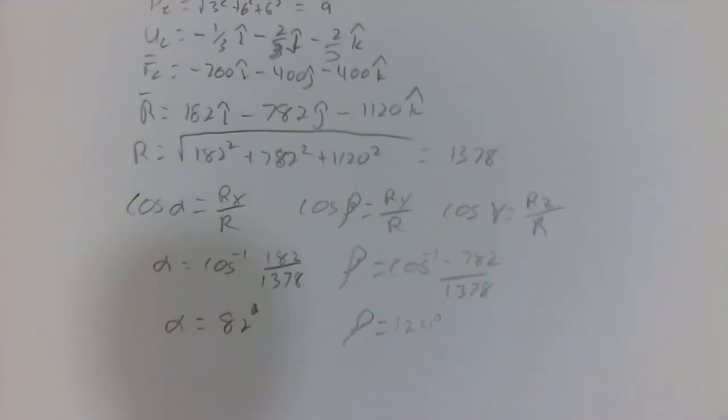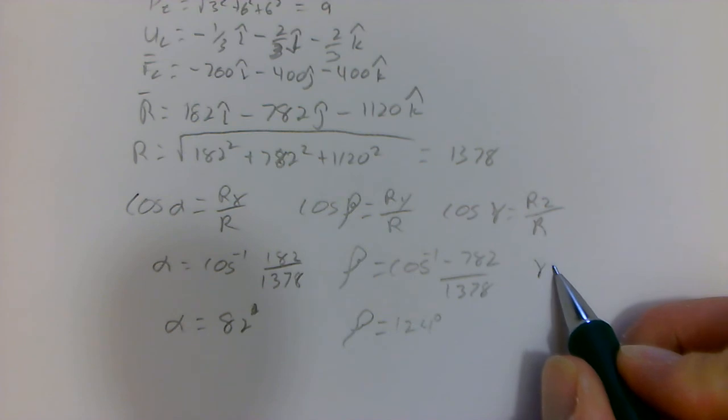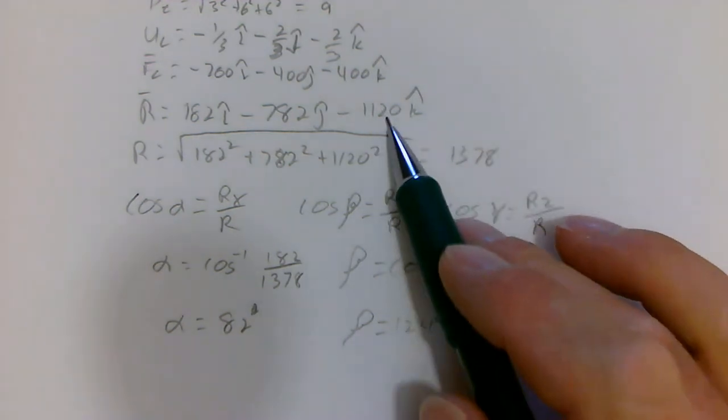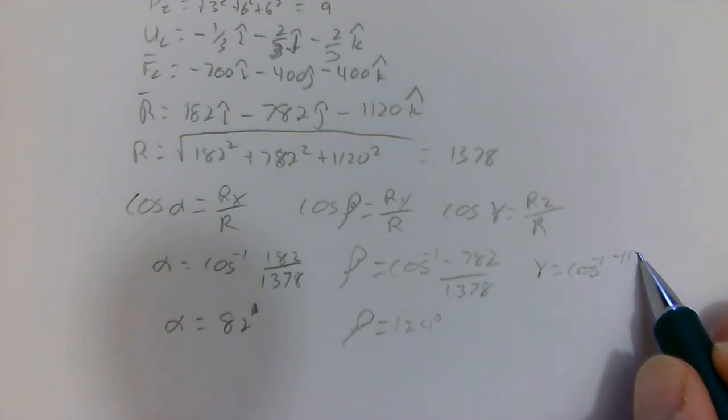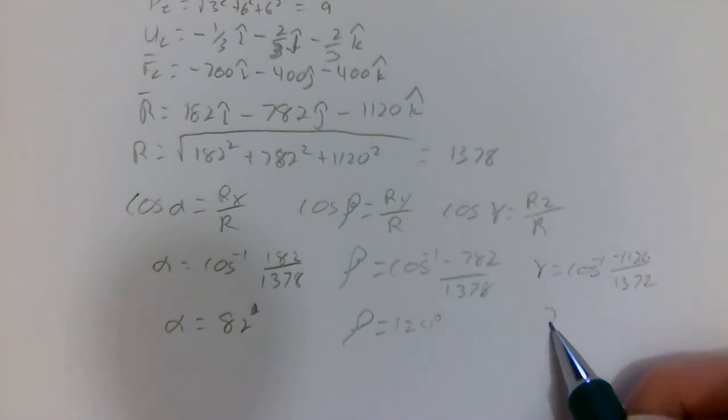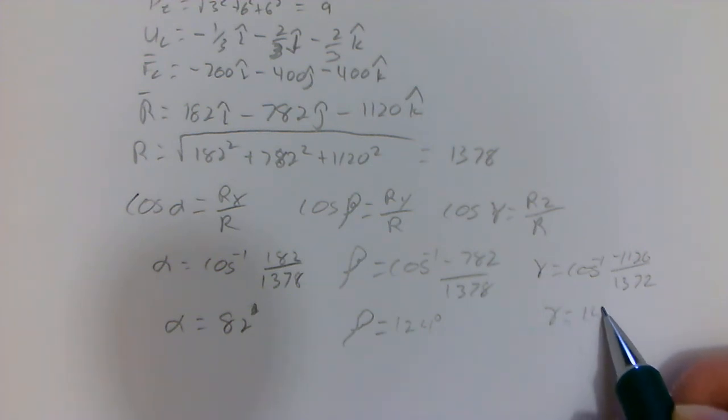And gamma equals the inverse cosine of negative 1120 over 1378, and so gamma is equal to 144 degrees.